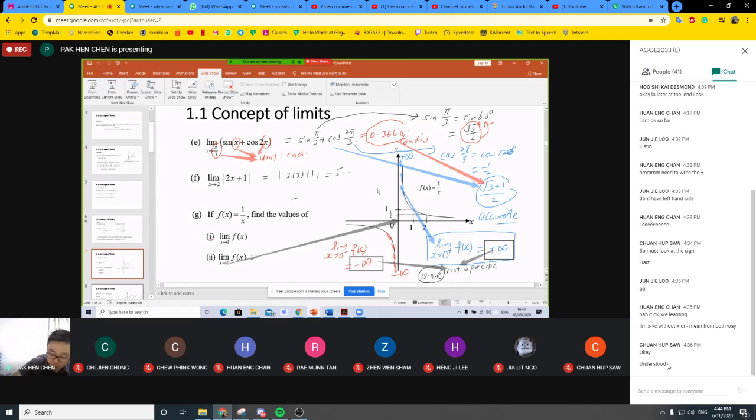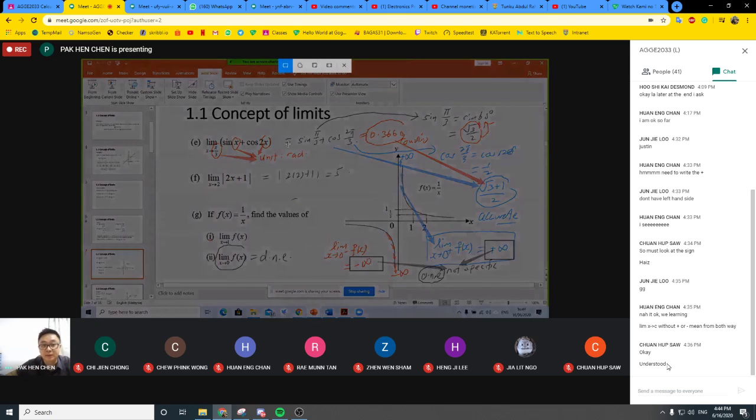Which makes the limit as x approaches 0 also not exist. Understand? Yeah, because they are not meeting at the same value. When x approaches c, they are not meeting at the same value, and therefore we can say that the limit as x approaches 0 of f(x) does not exist. Okay?